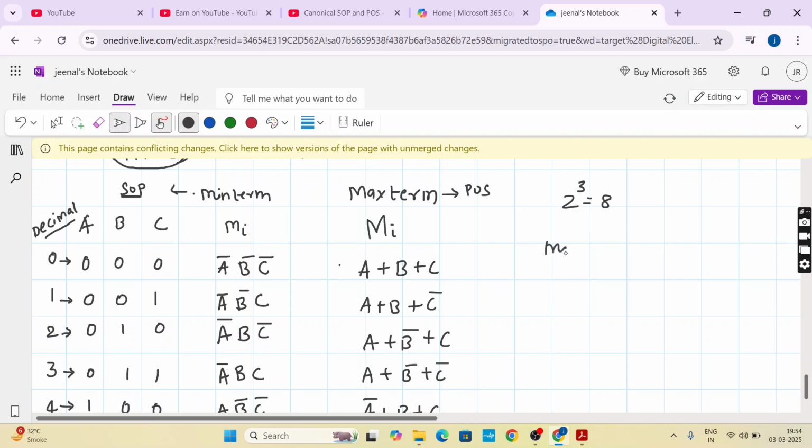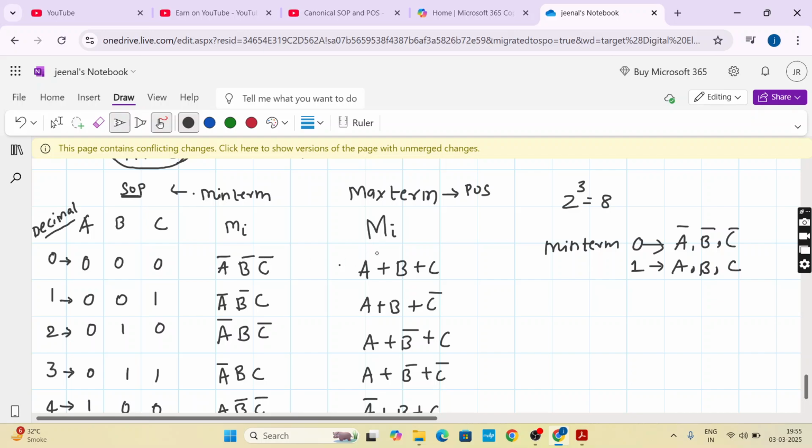For minterms, 0 is considered as a complement, which is A bar, and 1 is considered as A. You can change the variables, it still remains the same. So for 0, B is going to be B bar, and for 1, it's going to be B. And for C, for 0, I will write C bar, and for 1, I will write C. So if it is 0, it means it is complement. If it is 1, it is as it is. So for the first one, where I have 0, 0, 0, the minterm will be A bar, B bar, and C bar.